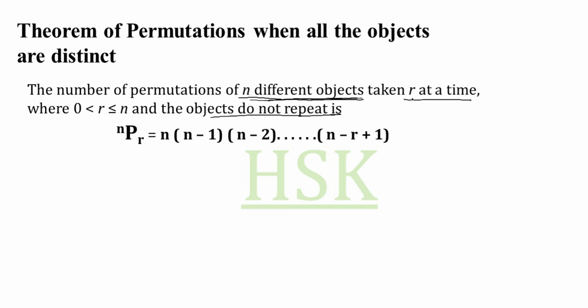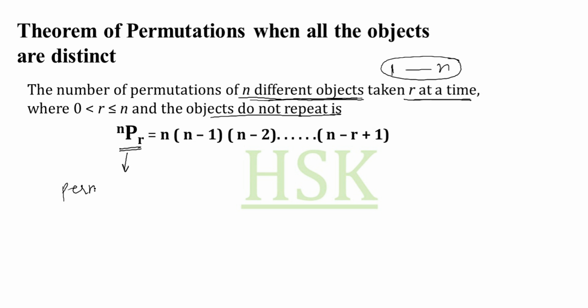and we take r objects at a time. Okay, so minimum we can take one object and maximum we can take n objects. Then the number of permutations is given by nPr. Actually, nPr represents what? It represents the permutation.